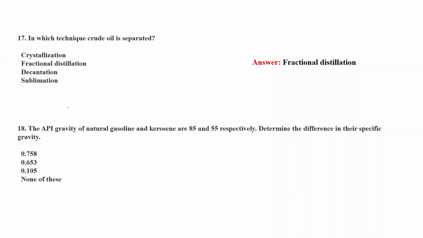It is similar to the first numerical we did.